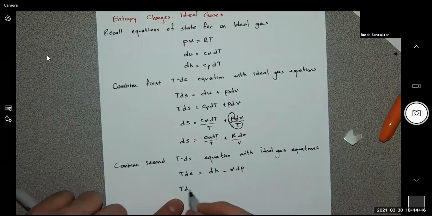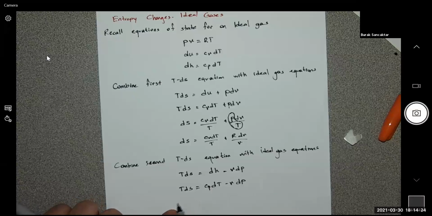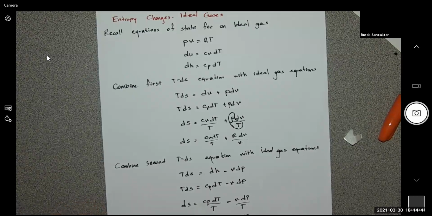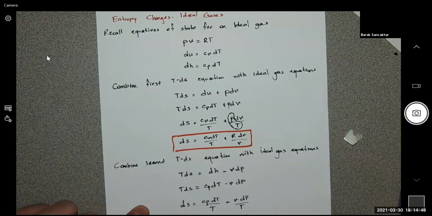If I substitute my dH, Cp dT minus VdP, ds will be Cp dT over T minus V dP over T, or ds will be Cp dT over T minus R dP over P. So I have two entropy change equations from the first and second TdS equations.